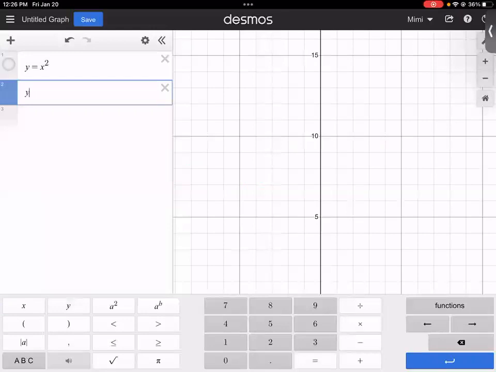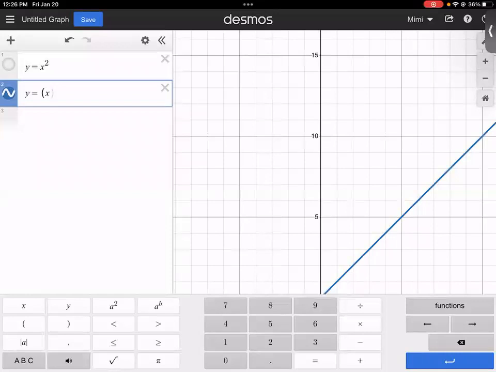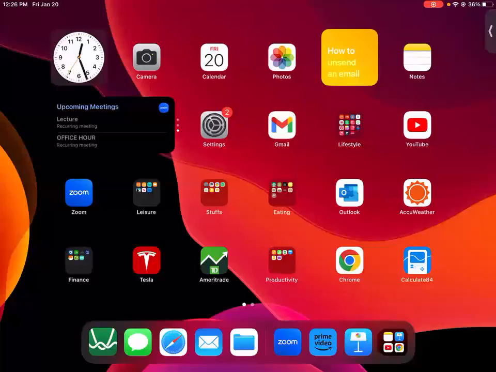Y equals. Can somebody tell me what the numerator equals? That's fine.